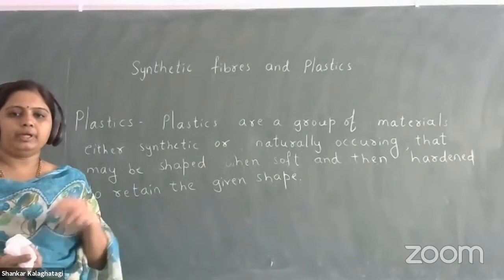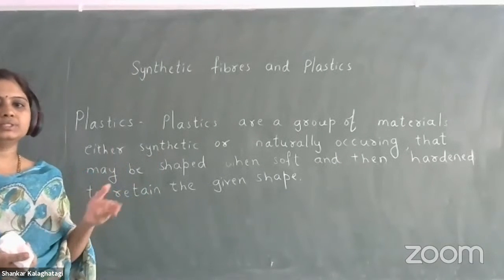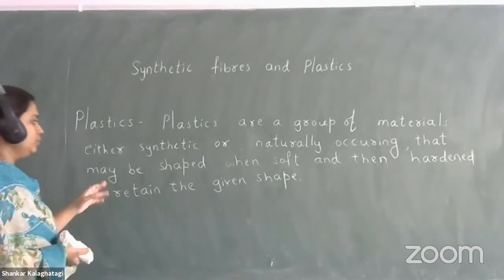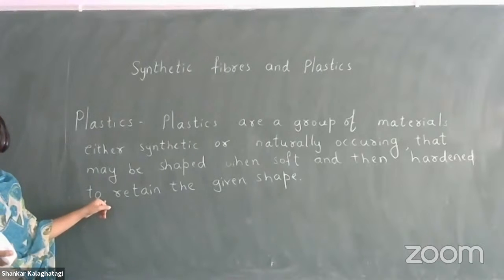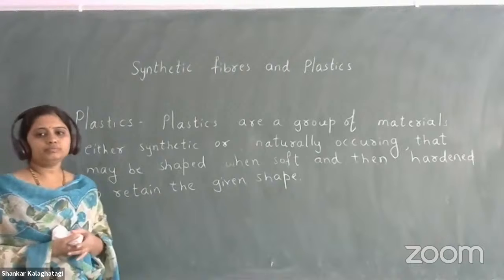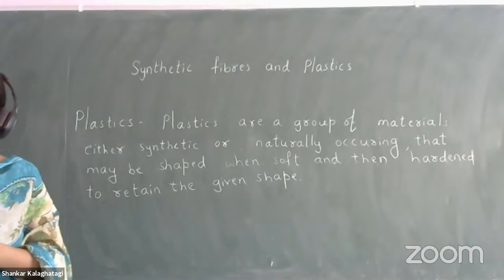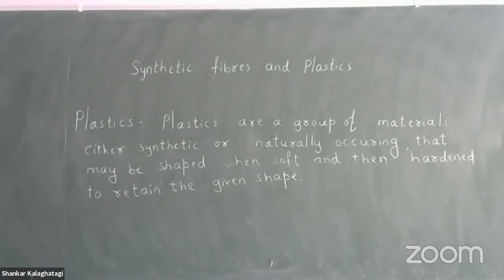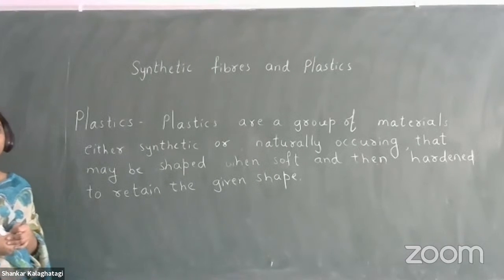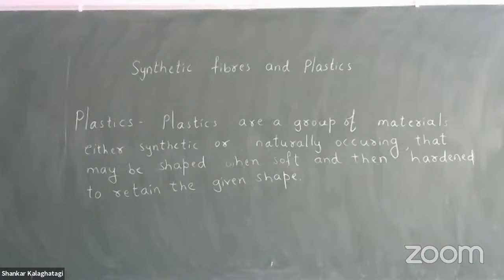Okay, if you want to make anything, we have to make it soft, then we have to harden it. Then we can make the shape and it should not lose the shape of the given material. So this is what plastics are, and we have discussed that there are two types of plastics. Which are those? Thermoplastics and thermosetting plastics.